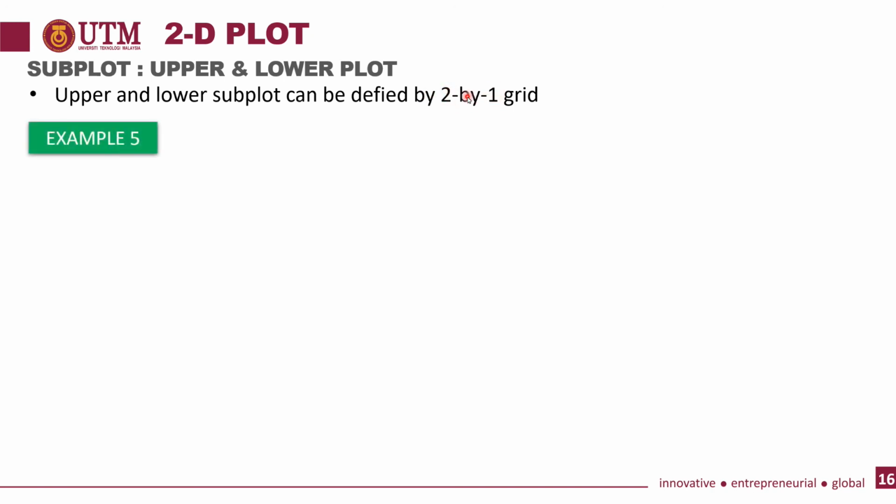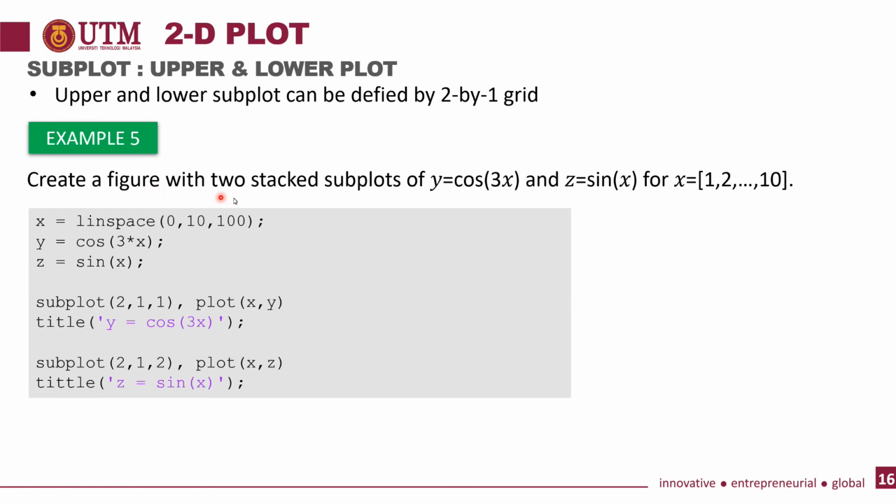Example number 5: create a figure with 2 stacked subplots of y equals cos 3x and z equals sin x, for x equals 1, 2 until 10. You can just copy this code. What we want to focus on here is creating a subplot.